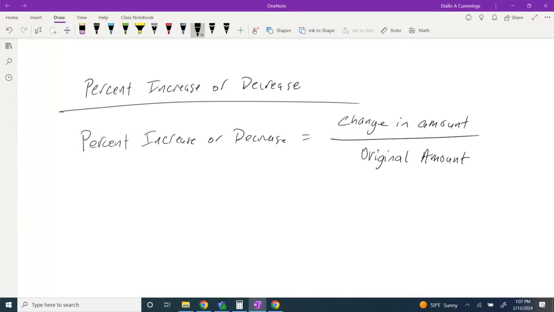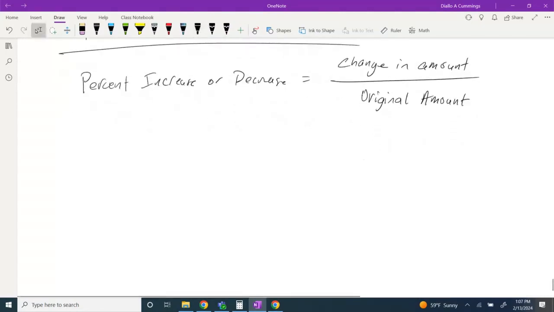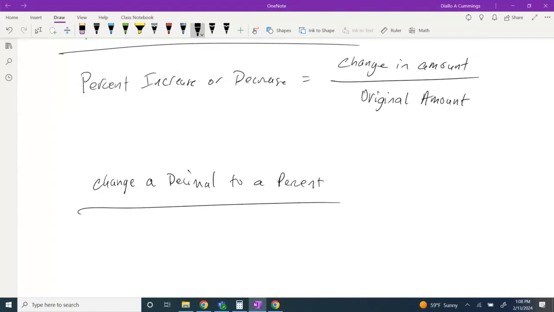Now, when you calculate the percent increase or percent decrease, you're going to get a decimal. And in order to make that decimal a percent, so I'm just going to write that down. Change a decimal to a percent. And you're going to do the following.